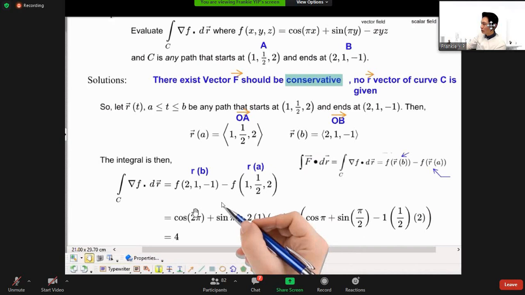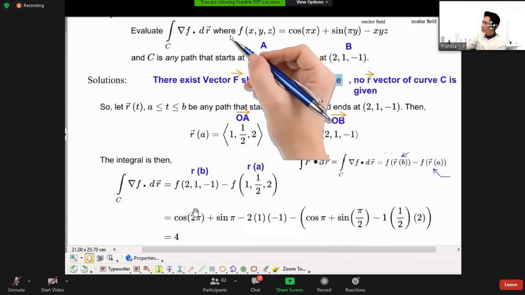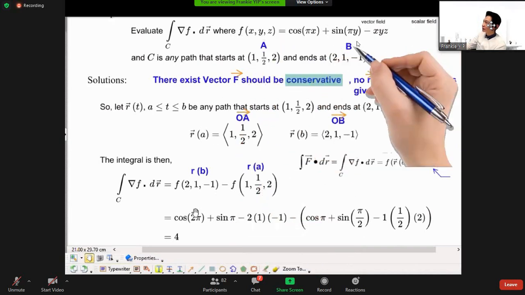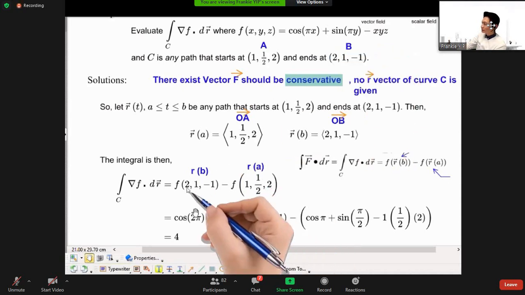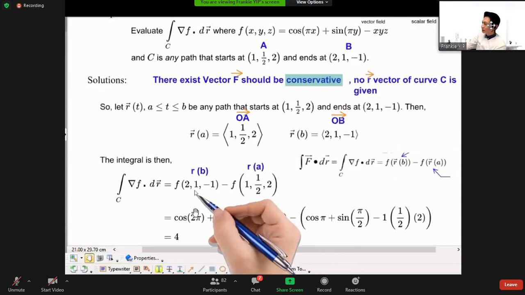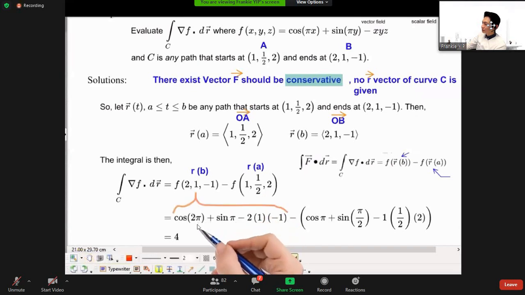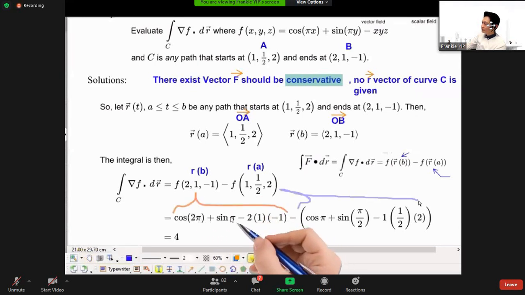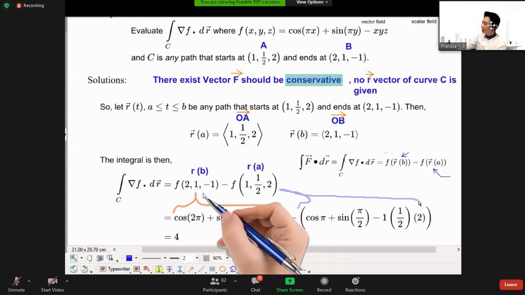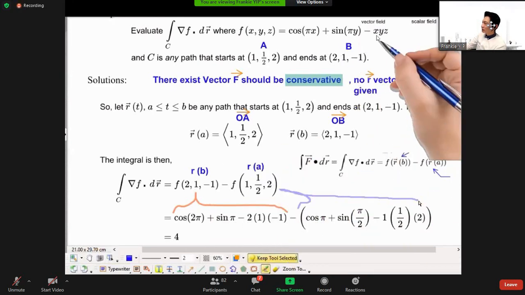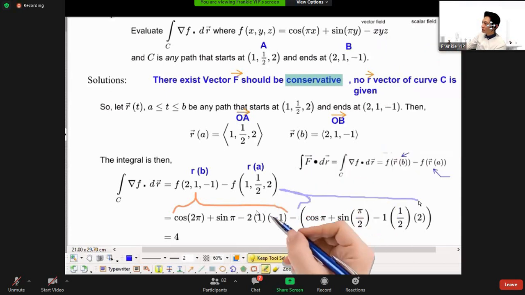Okay, so what is small letter f? The function is this one. So we substitute x equals 2, so that it becomes 2 pi, plus sine pi y, that means sine pi times 1, minus 2xyz, that means 2 times 1 times negative 1.